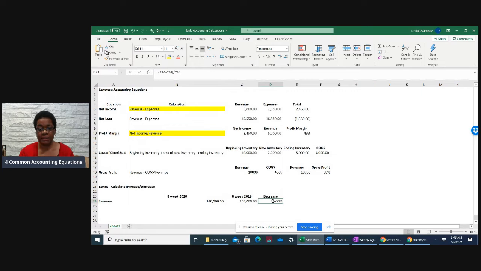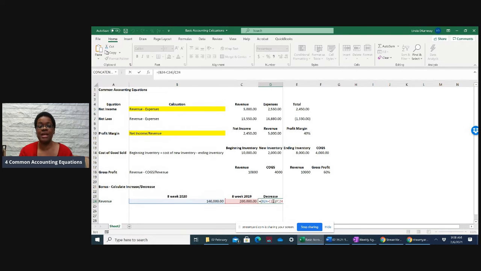For that formula, you're taking the current, I'm calling 2020 current, the 140,000, minus the 200,000, divided by the 2019 number, if that makes sense.